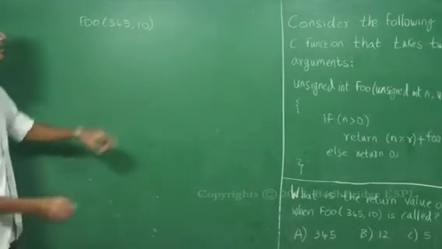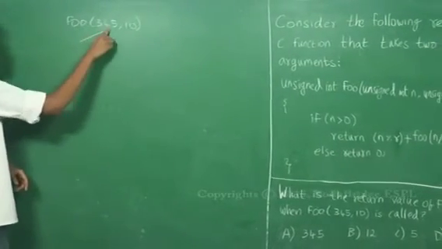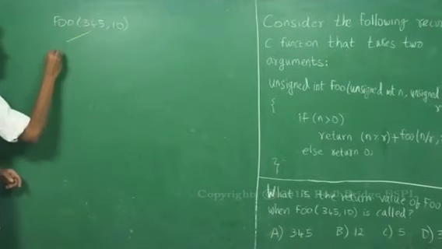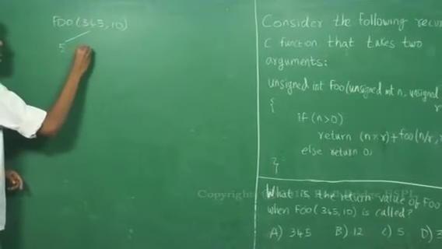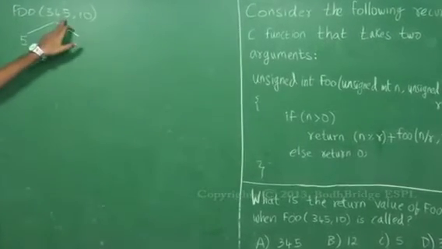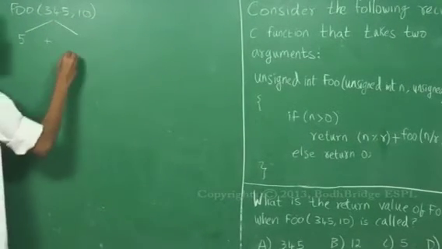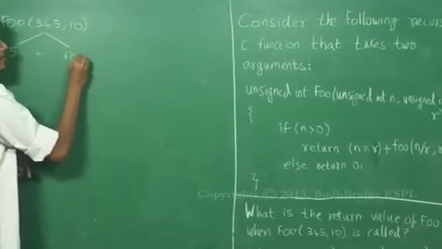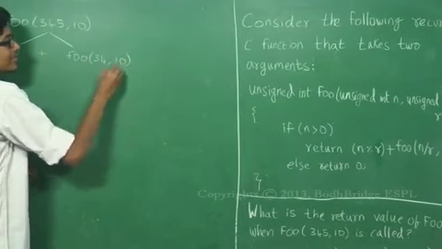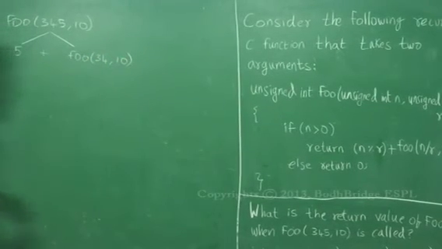So we return n modulus r, which is 345 modulus 10. So when 345 is divided by 10, the remainder is 5. So it will be 5 plus, you return foo of 345 divided by 10 comma 10. So that is foo of 34 comma 10. We take only 34 because it's integer by integer.